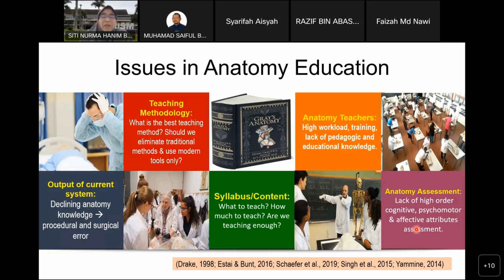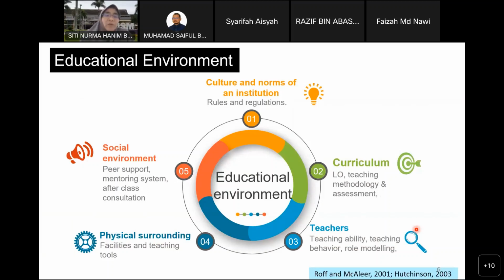So if we can measure our anatomy education environment, we can detect what the issues are in our institutions, and we can take proactive measures to solve the problem, or even preventive measures to prevent the problem. All right, so it's very important to measure the education environment. And for those who are not familiar, educational environments are factors in the learning climate, in the learning environment, which affect the students' learning.